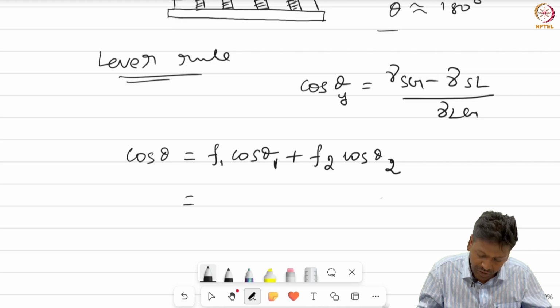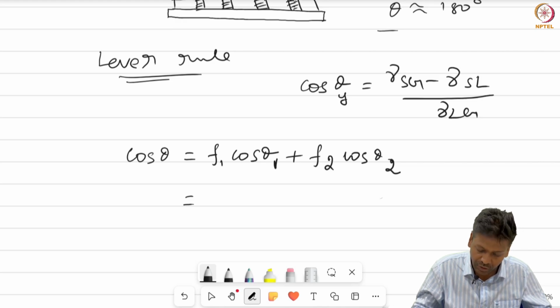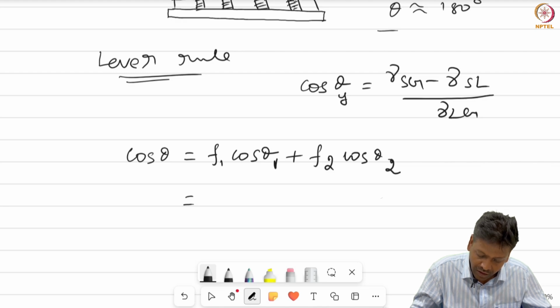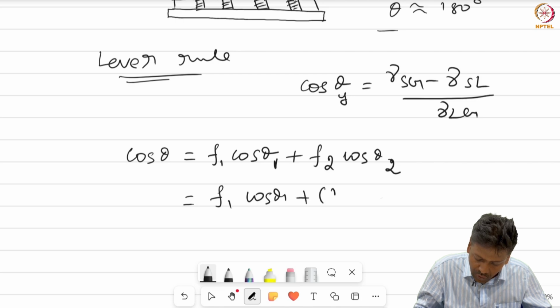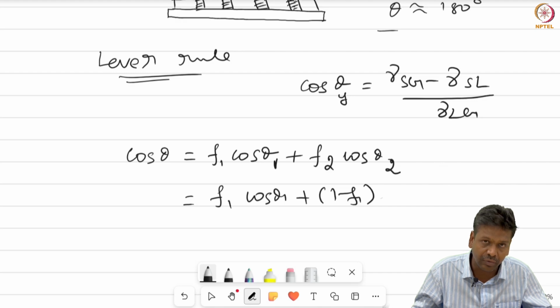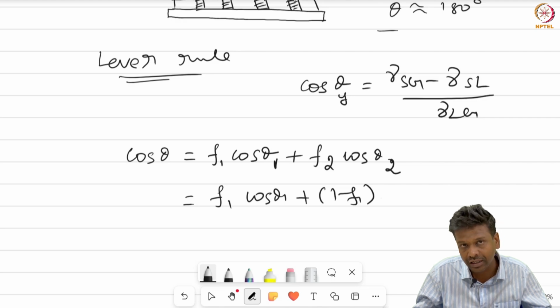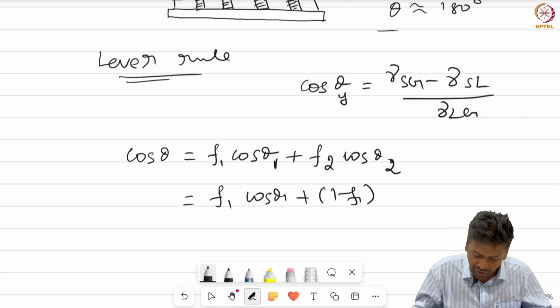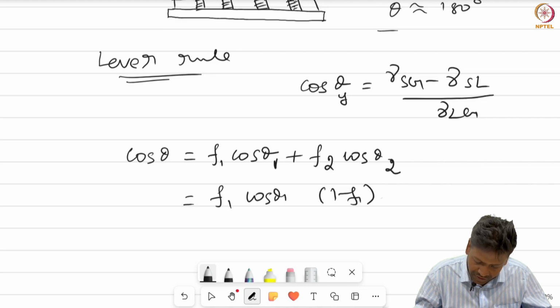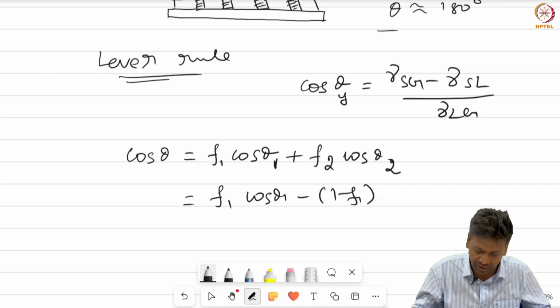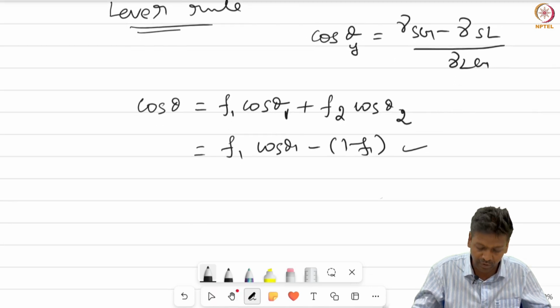So you can simplify this equation as F1 cos theta 1 plus (1 minus F1). Since we just mentioned that the air pocket will not allow the water molecule to penetrate inside, we can theoretically assume theta to be 180 degrees, so cos 180 will be minus 1, and we can simply write this equation as minus (1 minus F1) itself. So this is how the equation can be modified.